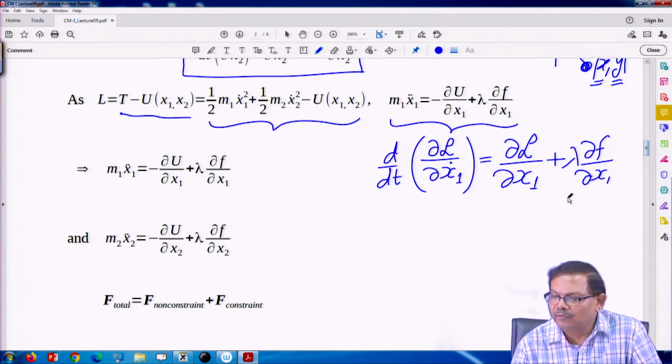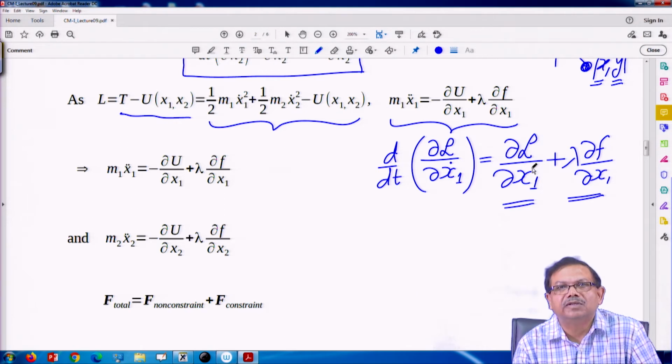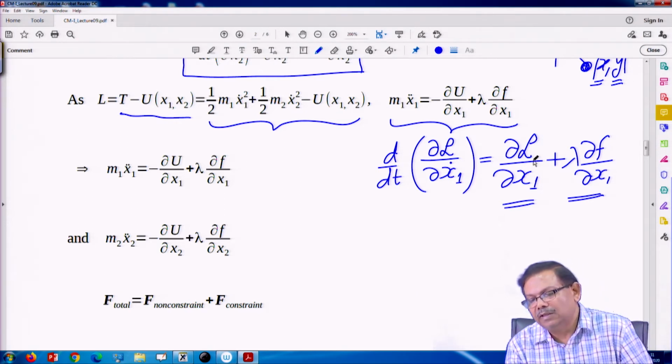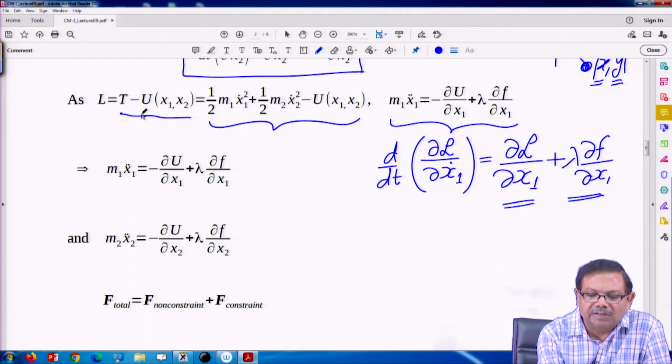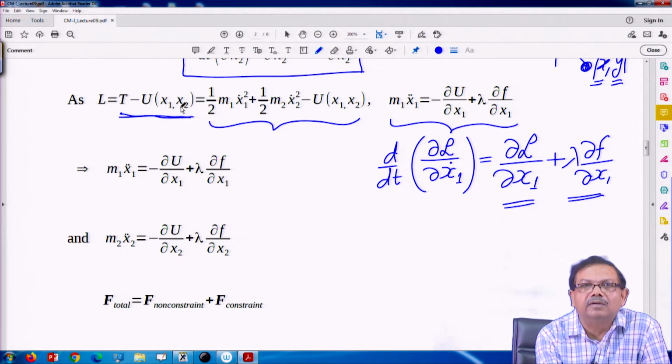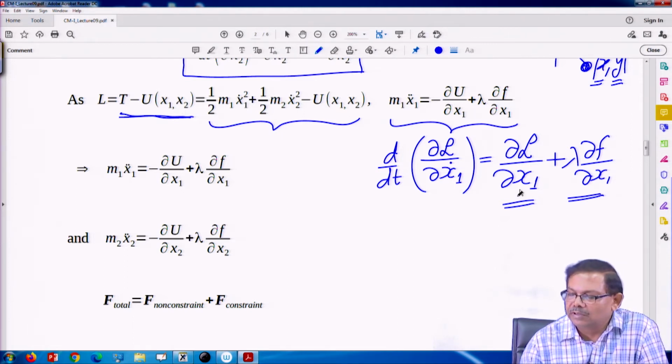So, this is the force of constraint and this is the normal force which is derivable from potential energy, because in Cartesian coordinates only, potential energy will depend on x 1 and x 2.